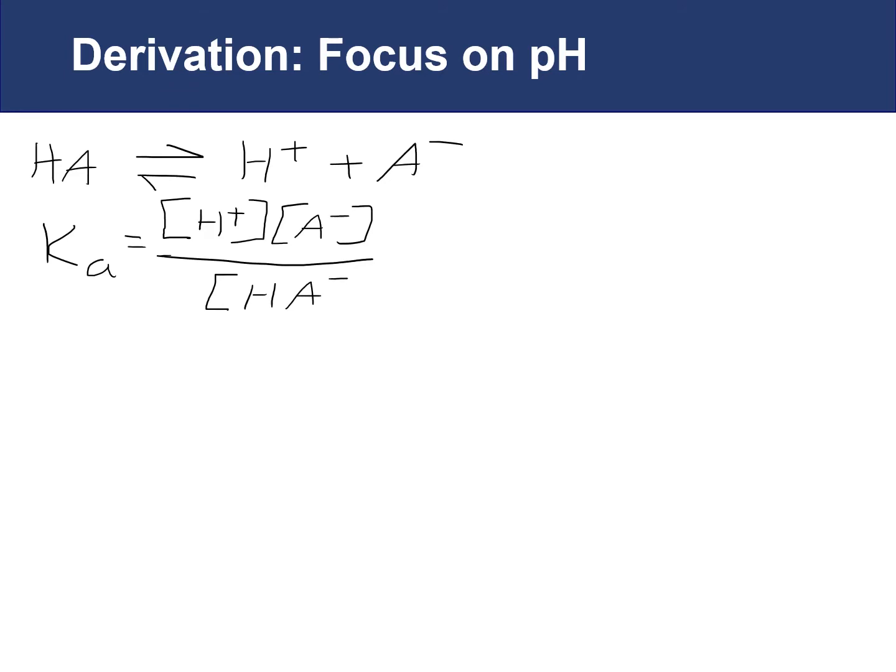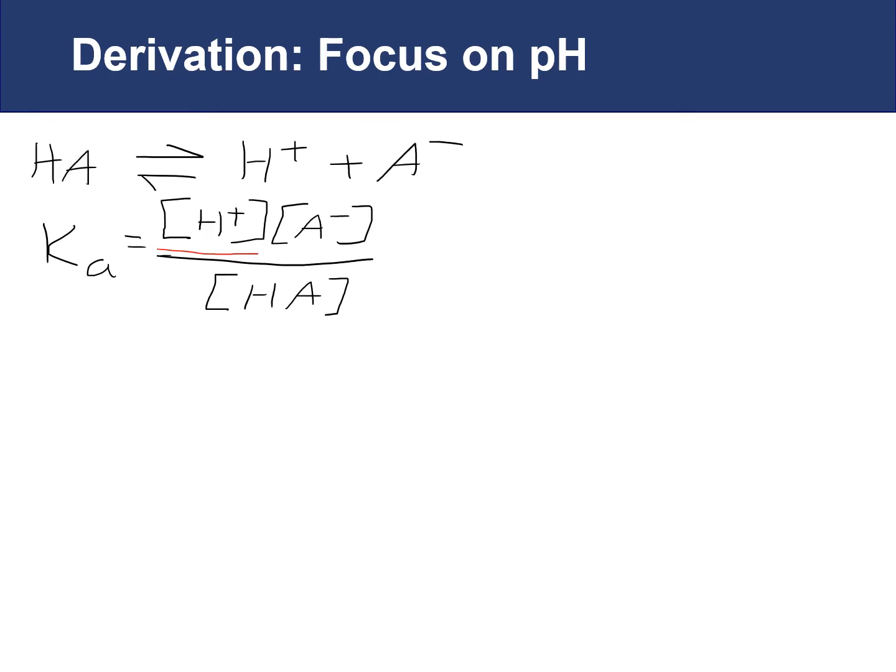Now, the derivation for the Henderson-Hasselbalch equation focuses on pH. To get pH, we need to take the negative log of the H plus concentration. To do that, we need to get the H plus concentration by itself. So we solve for that value.